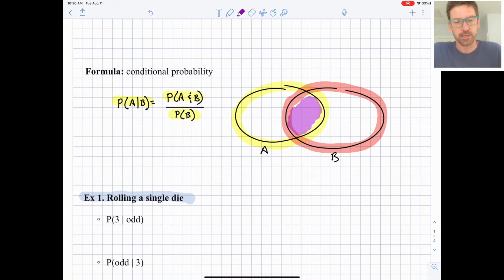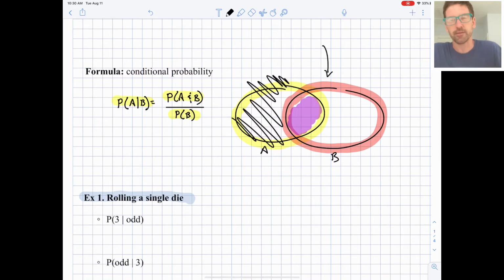So we can start ignoring all this stuff that says B didn't happen, and we're now just focusing on the B circle. So this is A and B, and the whole red circle is B. So in terms of color coordinating here, probability of A and B divided by the red circle, which is just the probability of B. We're eliminating a whole chunk of our possibilities, and that allows us to change our final answer.